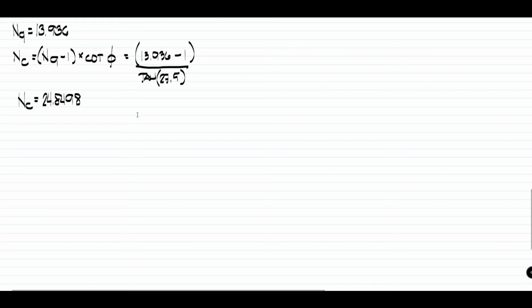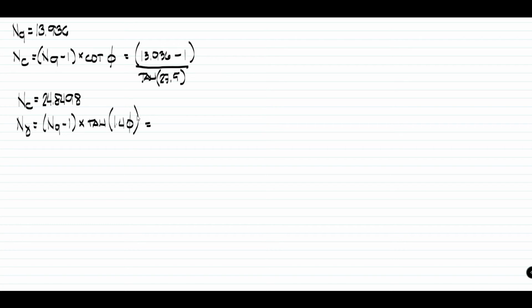Then the last one will be N gamma. N gamma is just equivalent to a value NQ minus 1 times tangent 1.4 phi. So, substitute lang natin yung NQ dito and yung phi.